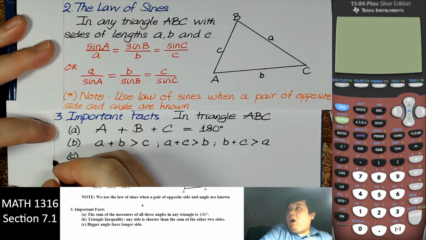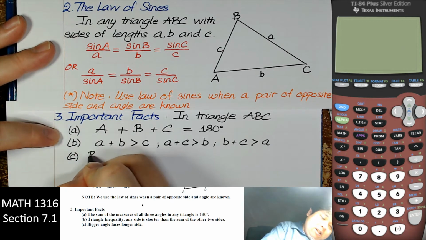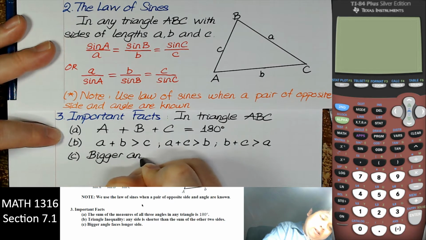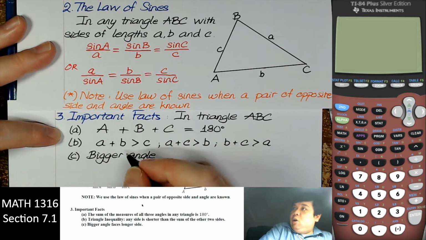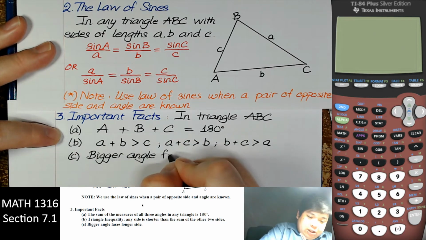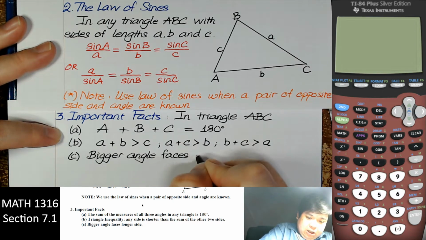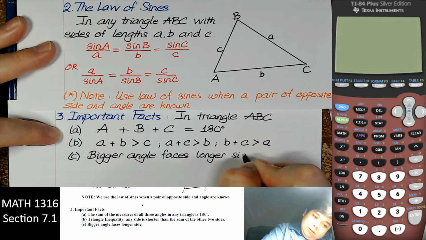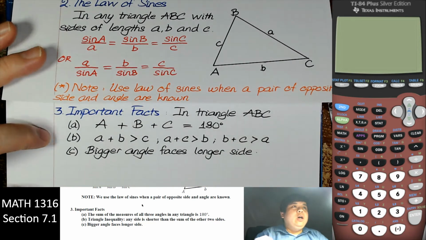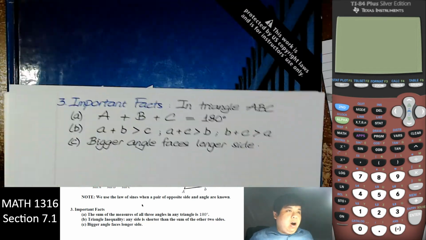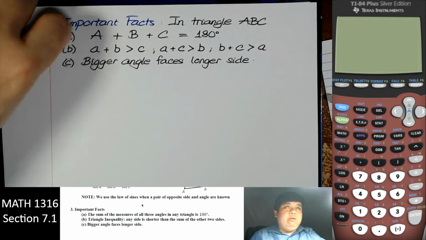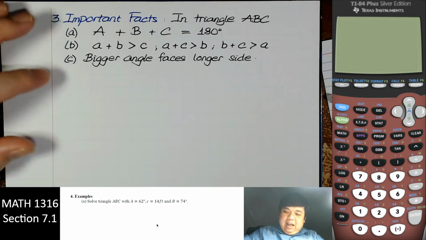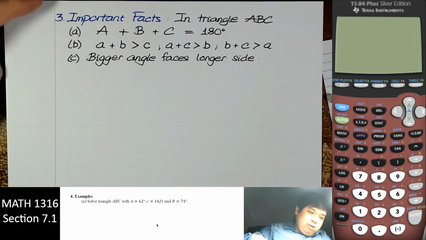And then this will come in handy later: the bigger angle faces the longer side. So these three important facts will come in handy when we solve triangles. Now we just go to an example.